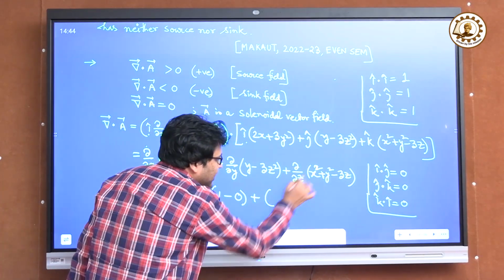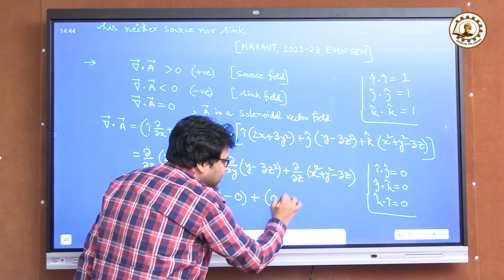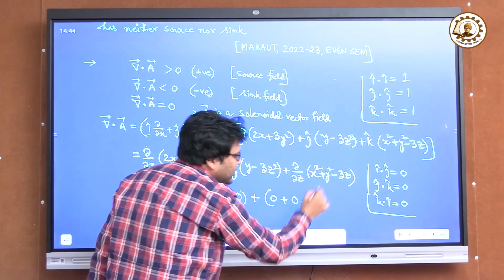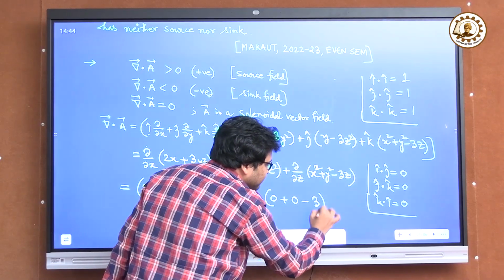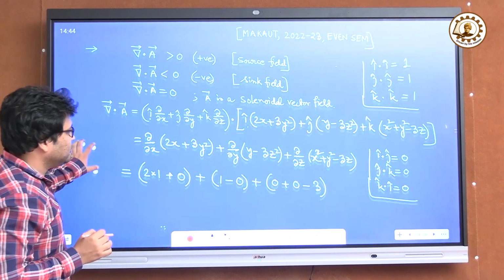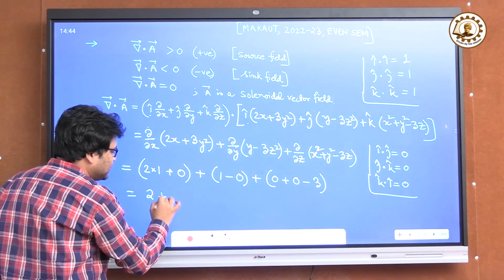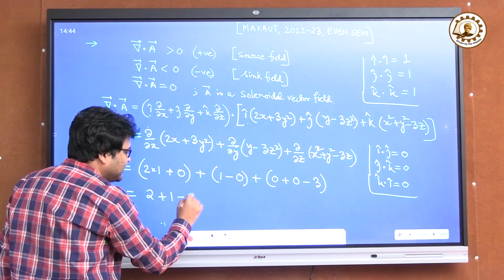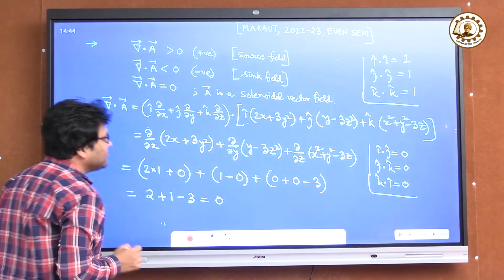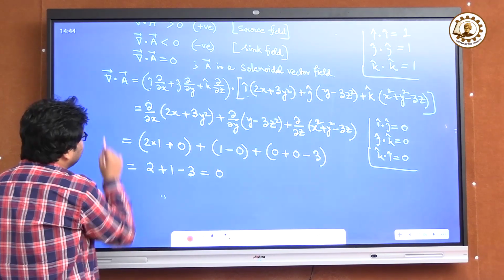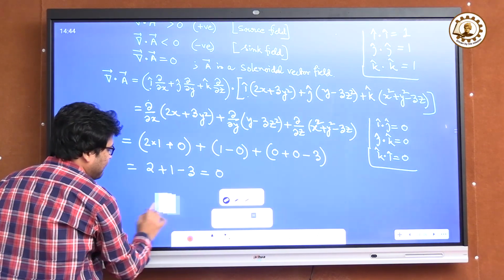So as a result, the first term becomes 0, the second term becomes 0, and for the third term, we have minus 3z, so it simply becomes minus 3. So if we simplify this, we have 2 plus 1 minus 3. So that results in 0.